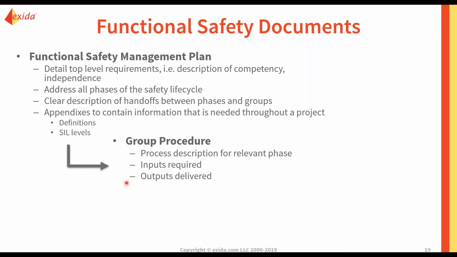Then under that functional safety management plan, there's what's called a group procedure. And this is really a process description for the relevant phase, or even think of it as a relevant life cycle task. And so if we talk about, say, SIL verification, for example, the inputs required would be having a defined safety requirement specification, understanding the system design, so what components are going to be used within the SIS.